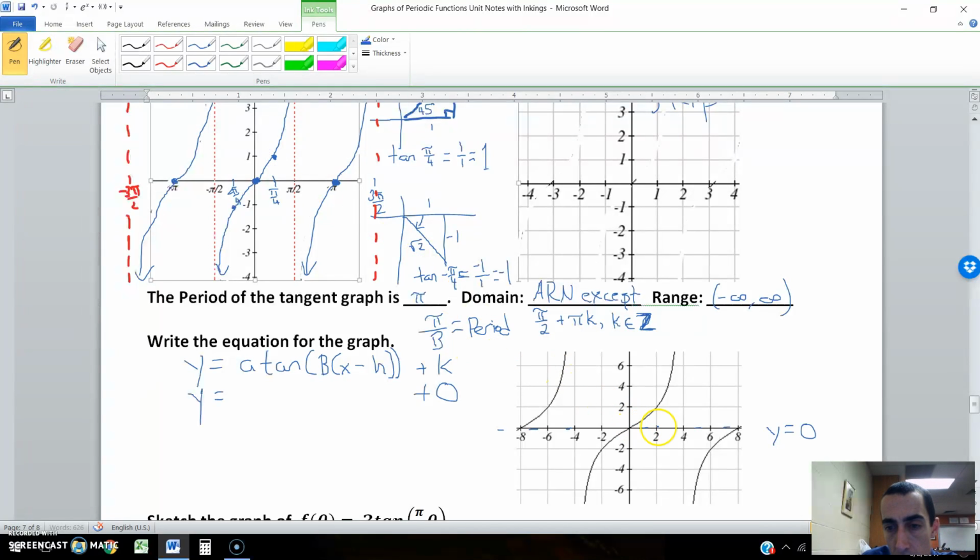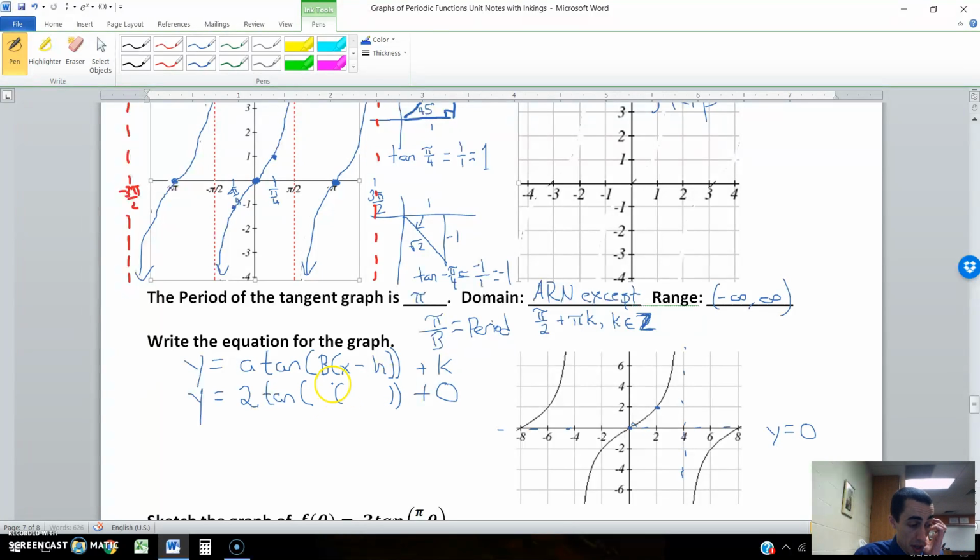So what's the y value halfway between the intercept right here and this asymptote right here? That point has a y value of 2 instead of a y value of 1. And so this amplitude is going to be a 2. Essentially, we've got a vertical stretch going on with this tangent graph.